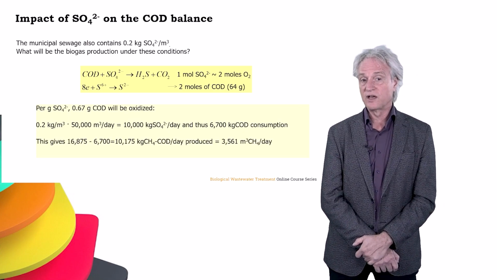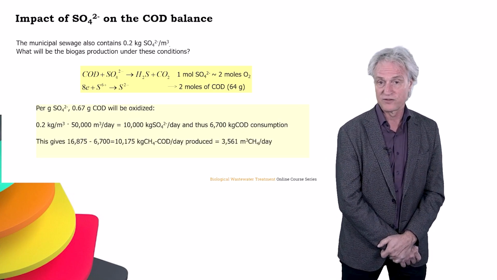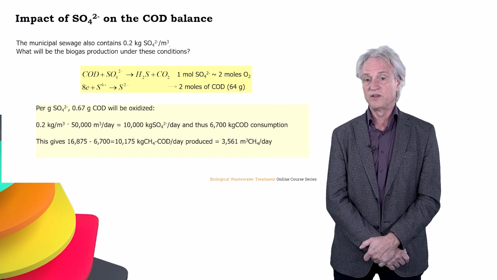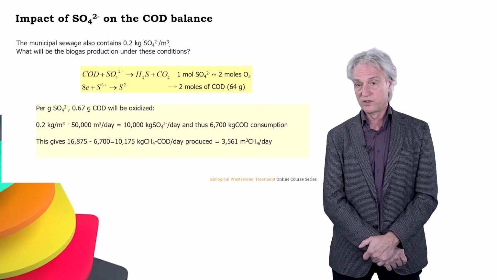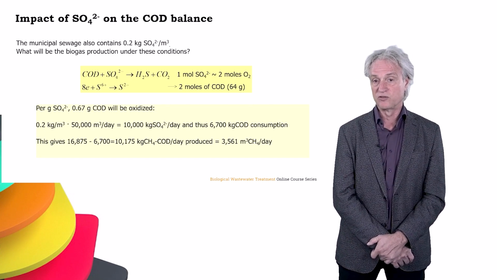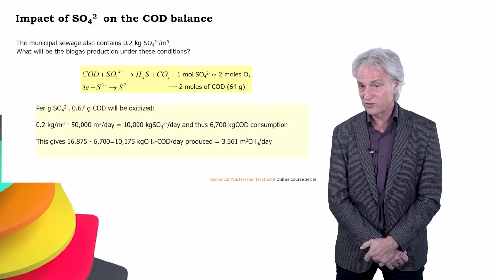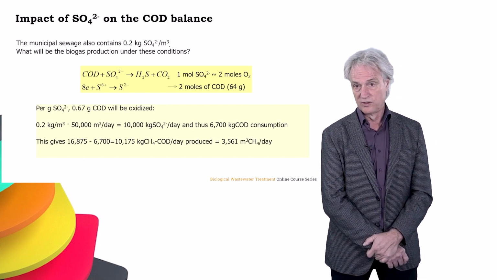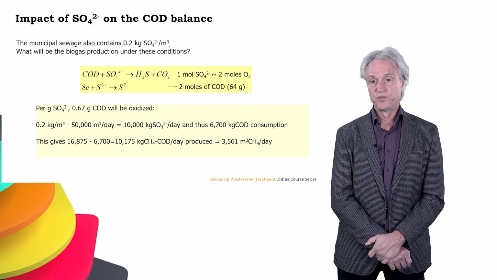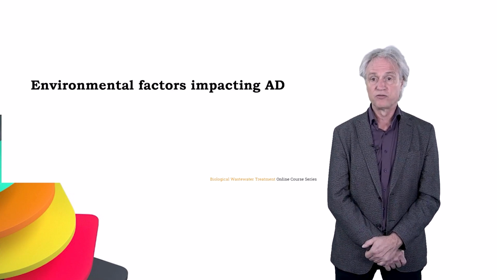This gives 16,875 minus 6,700, so 10,000 kilograms of methane COD per day produced, which is equivalent to 3,500 cubic meters of methane. So substantially less methane than the previously mentioned 5,900 cubic meters of methane per day, because of the presence of sulfate.